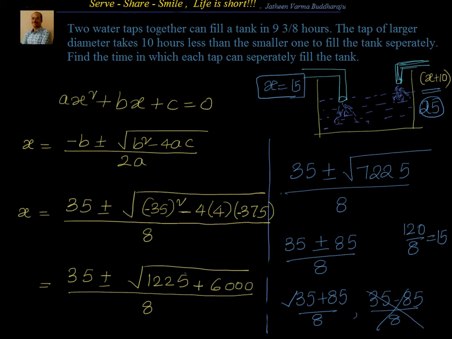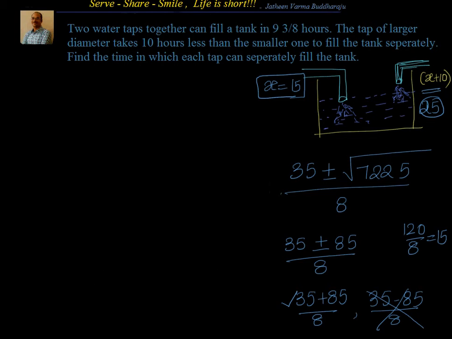Now let's go back and cross check this. We got x equal to 15, and x plus 10 is 15 plus 10, 25 hours. So one is x, then the other one is x plus 10. x plus 10 is nothing but 25 hours.